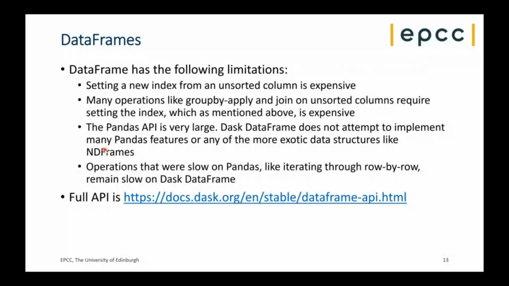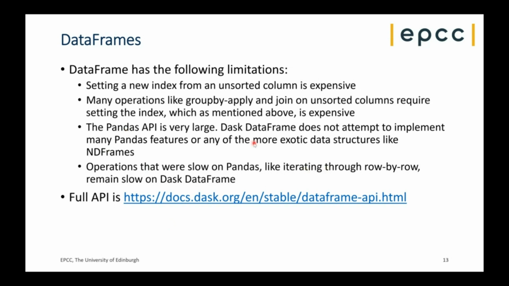But it won't necessarily do everything that you could do in a pandas data frame, because again, you've got to remember that you split some of your data frame up across workers, and so that restricts what you can do, either in terms of performance or in terms of functionality. So if you set a new index from an unsorted column, it will be expensive. Many operations that require that, things like group by or join on unsorted columns, will also be expensive.